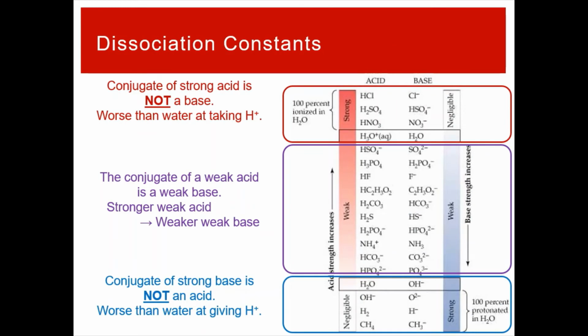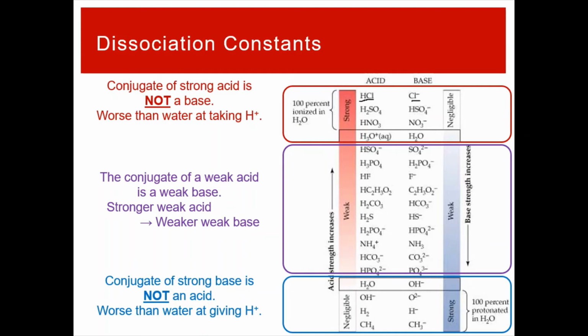So we can extend this out, and what it means if you have a really strong thing, so for example, a strong acid, its conjugate is so weak, it's not even a base. So this is what makes them strong. For example, HCl is a strong acid, a very strong acid. Its conjugate, chloride, just is not a base. So if you have a strong acid, its conjugate is not a base.